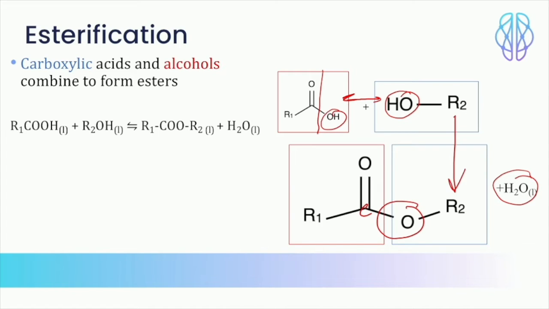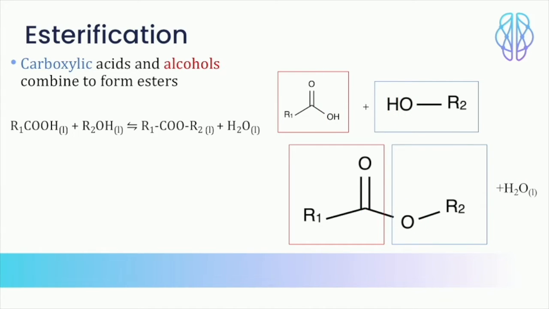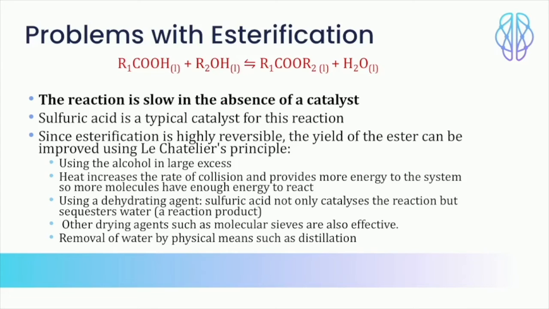And this R2 carries forward, and essentially that is what's contributed by the alcohol, if that makes sense. And that's important to understand. So one part of the ester is contributed by the carboxylic acid, which is everything in the red box here, and the other part is contributed by the alcohol, which is everything in the blue box. So essentially, esterification is a reversible reaction.